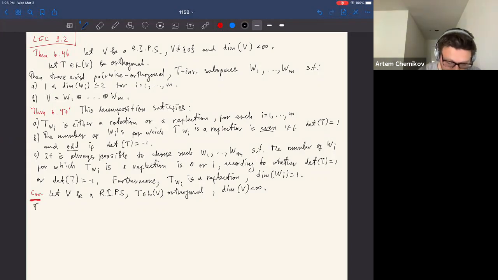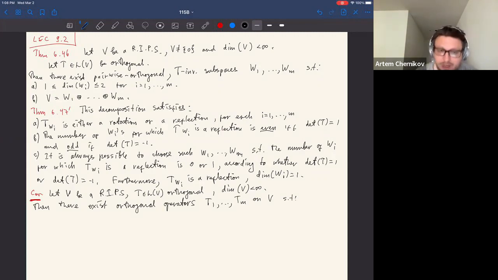Then there exist orthogonal operators T1 through Tm, so finitely many orthogonal operators on V, such that we have the following conditions.